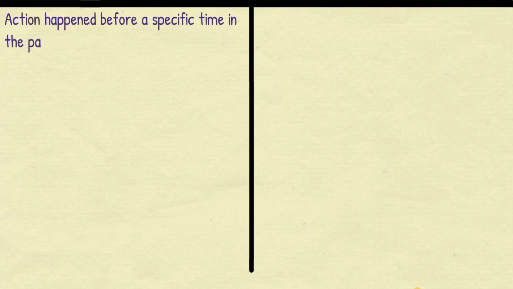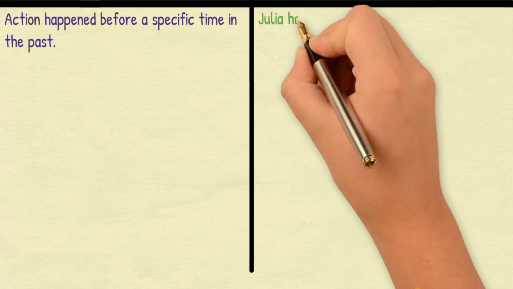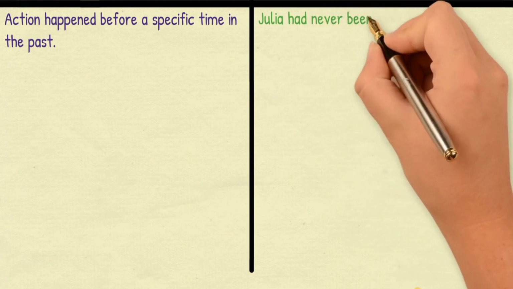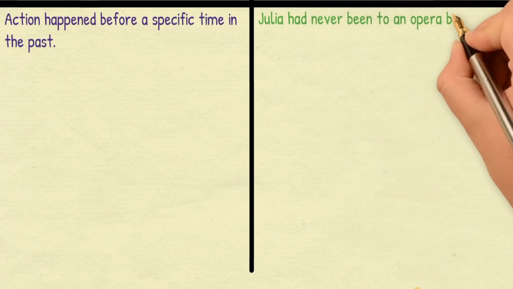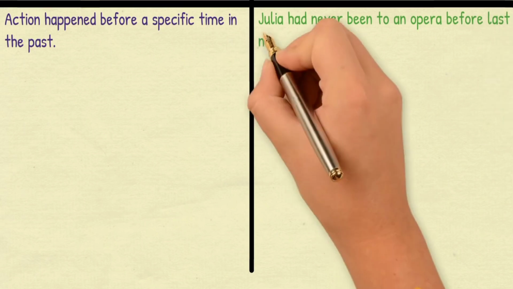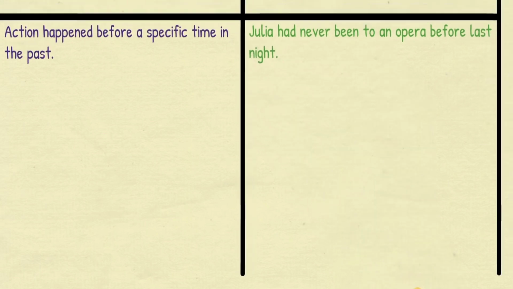Action that happened before a specific time in the past. Julia had never been to an opera before last night.